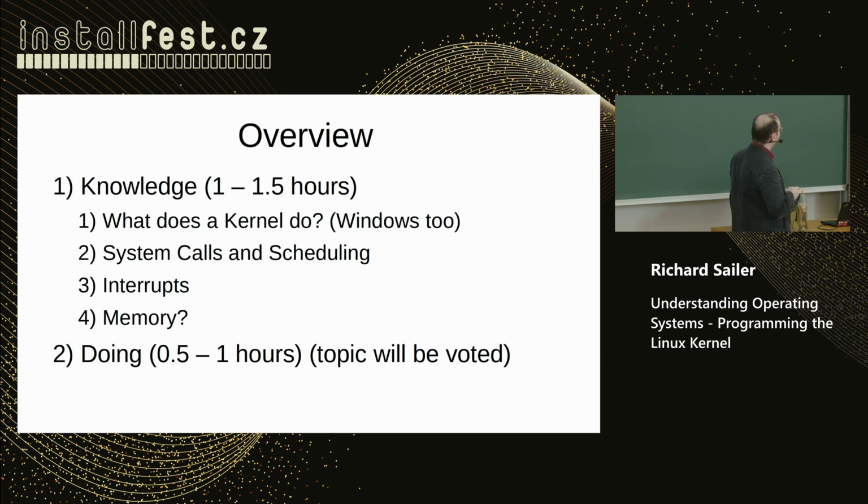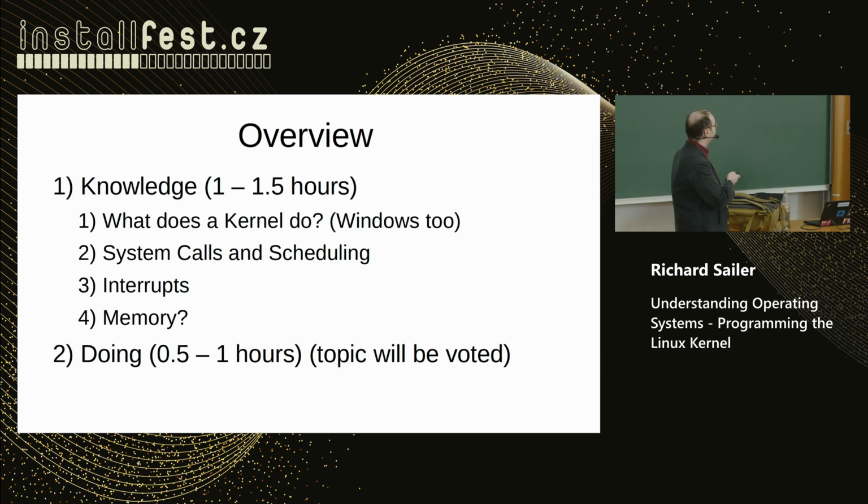We have a lot of the general stuff: system calls and scheduling, I will also explain interrupts, and only two slides about virtual memory. That's mostly for time reasons. I had to decide, and I find virtual memory not as fascinating as interrupts. So that's why I decided this way.